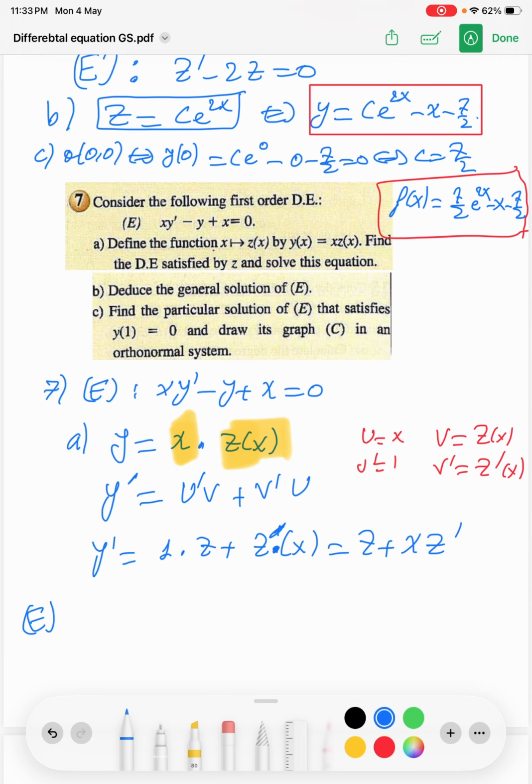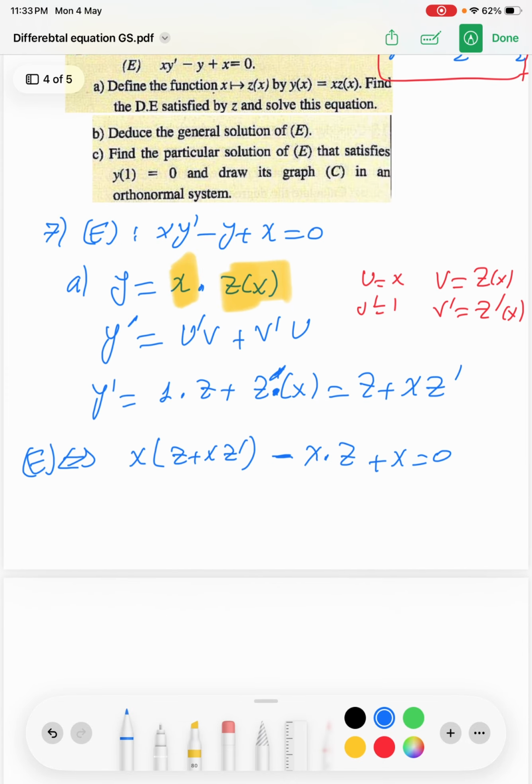Now we have to replace y and y prime in the equation of E. So the equation of E will be x times y prime, which is z plus x z prime, minus y, which is x times z, plus x equal to 0.